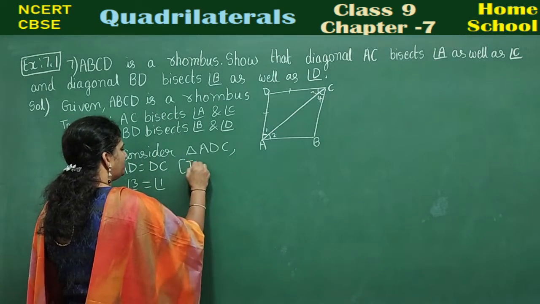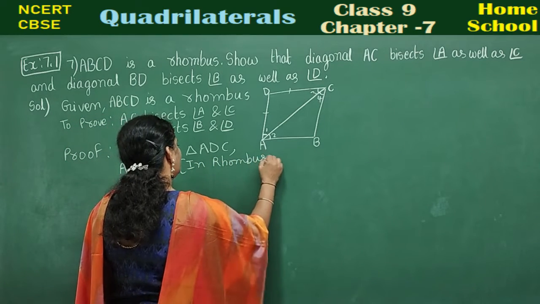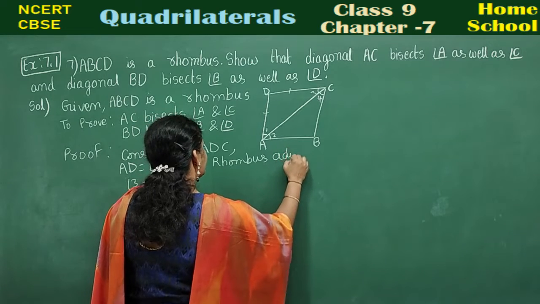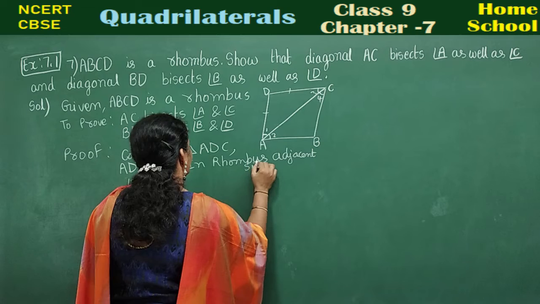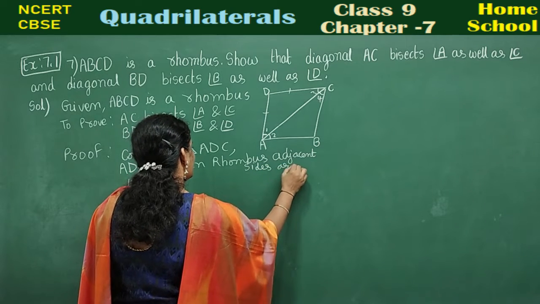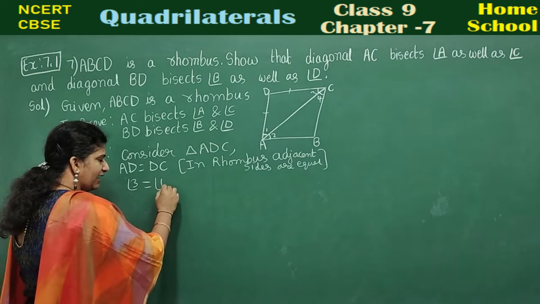In a rhombus, adjacent sides are equal. Okay. And this line, how did you write?